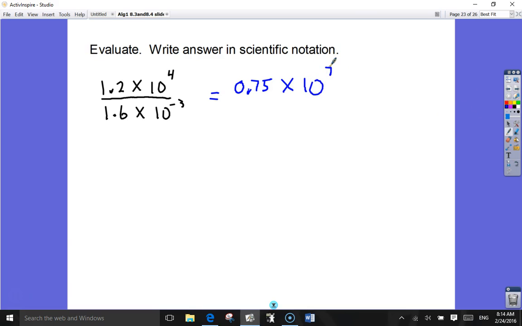Minus a negative makes a plus. Okay, but now we need to have that first number between 1 and 10, right? So I'm going to move the decimal place over to make it 7.5 instead. And what do I do with the exponent? Yes, as 0.75 got bigger, then the exponent's got to get smaller. 6.